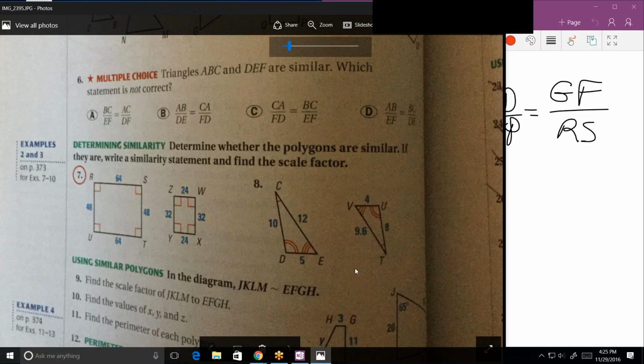So for number 7, are they similar? How do you tell? By if all the angles are congruent, right? No. I'm sorry, I said that when we first started, and that's not correct. All angles, that's only for triangles.